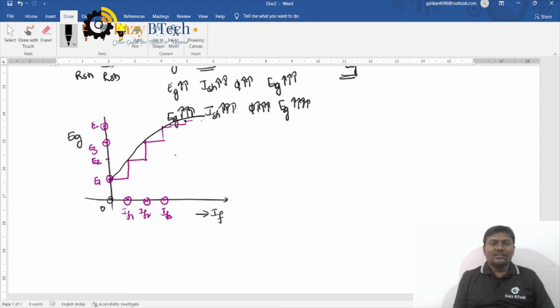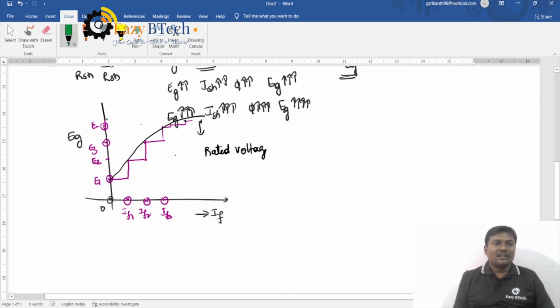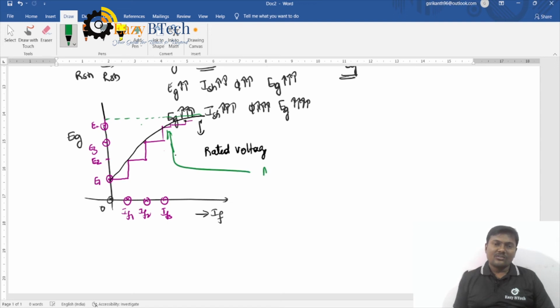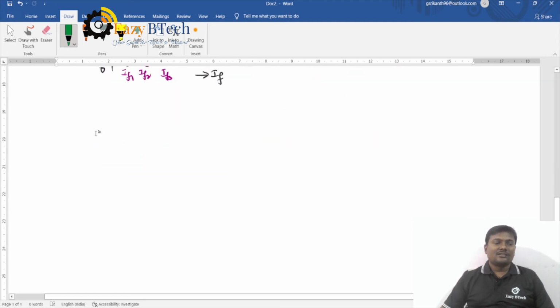This is the rated voltage, which I am representing with the dotted line. This type of characteristic is called the magnetization characteristic of a DC generator.